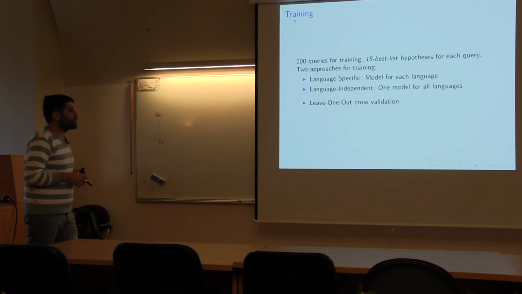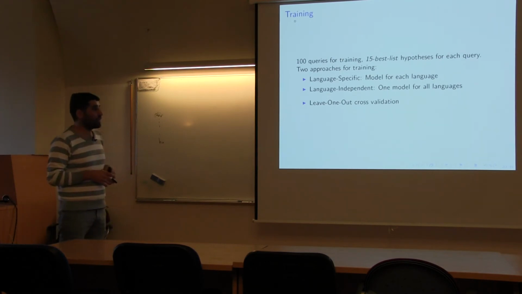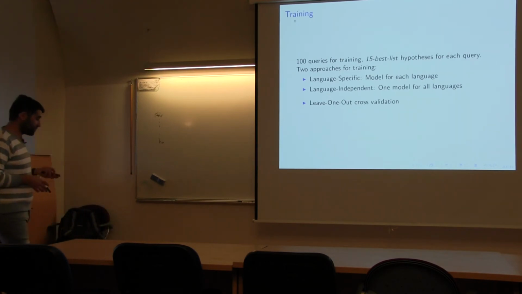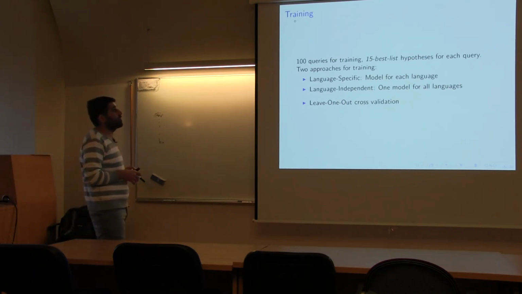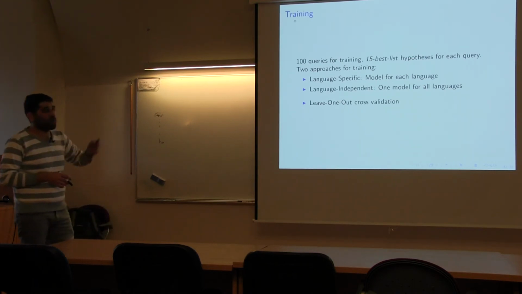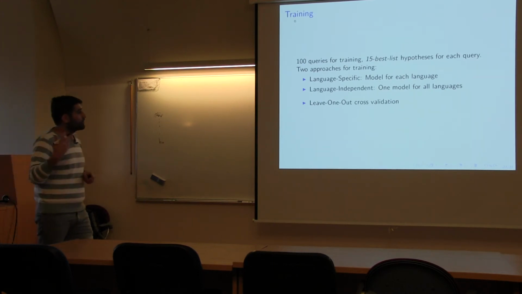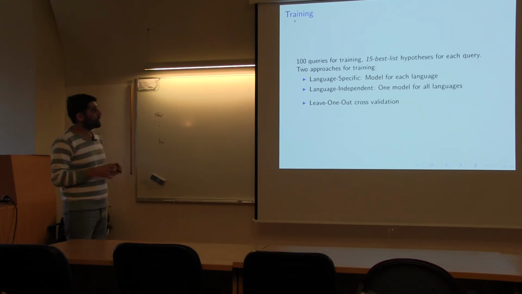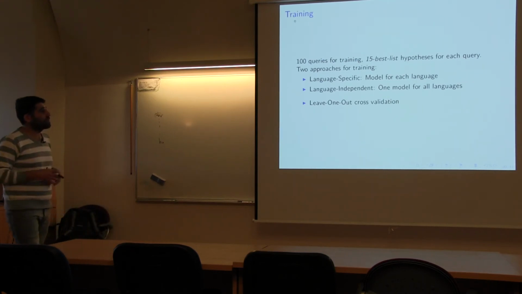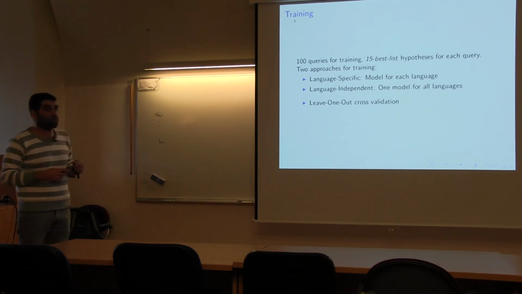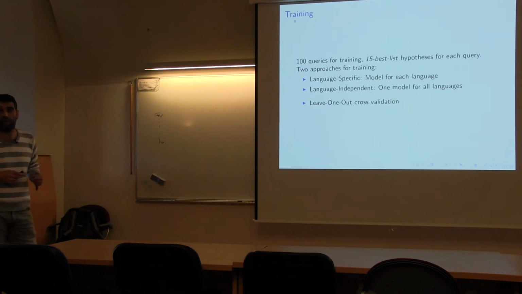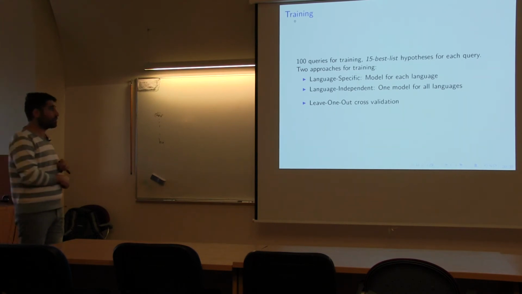And second, we used a language-independent model, like one model for all languages. And we used leave-one-out cross-validation because we have only 100 queries, so it was not sufficient for splitting the queries into test and train. So what we did here, we used 99 queries for training and one query for testing.